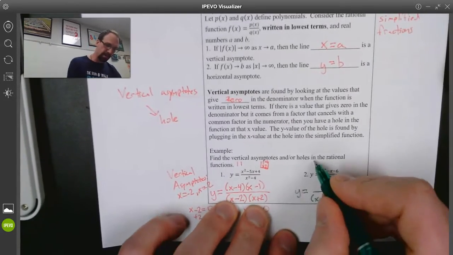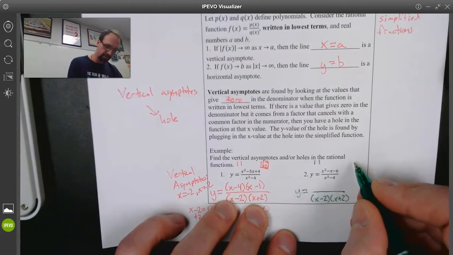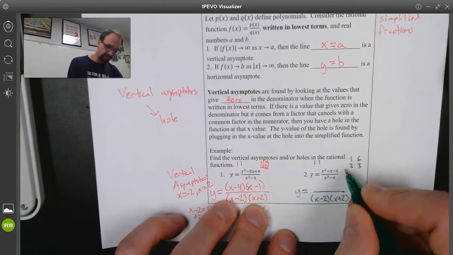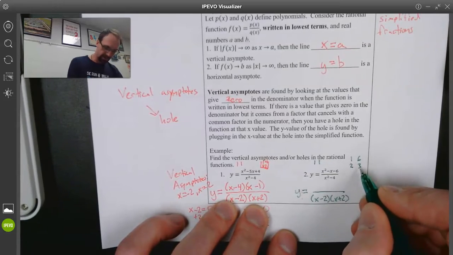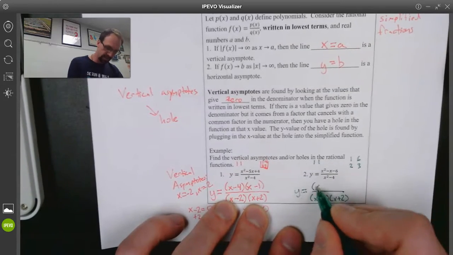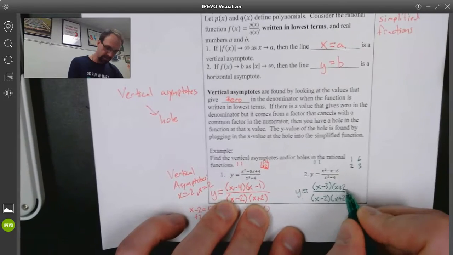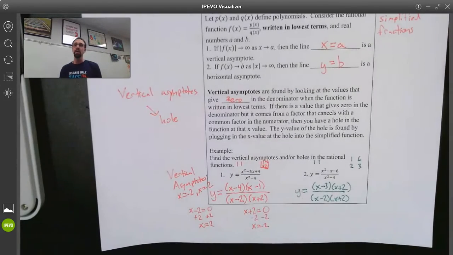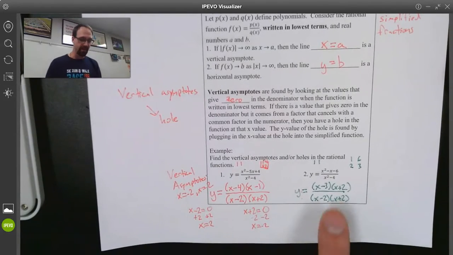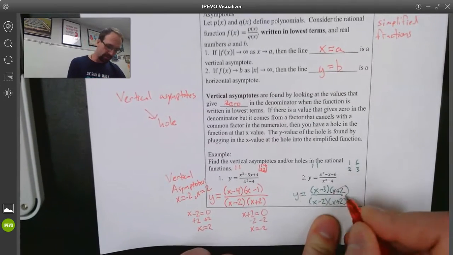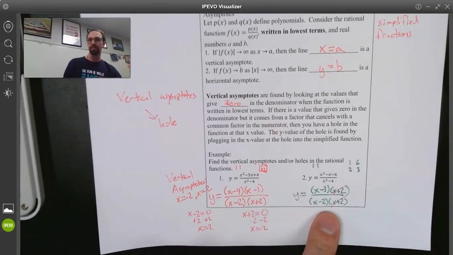And then the numerator, looking at the factors of my coefficients and constants, is going to be x minus 3 and then x plus 2. So in this case, if you notice, I have a factor that cancels. The x plus 2 and x plus 2 cancel.